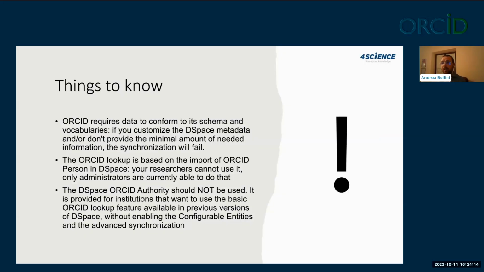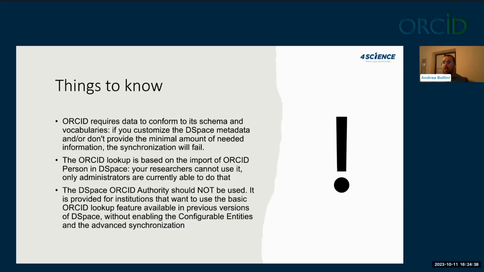And the user interface will prevent you from sending this incomplete information to ORCID, and will inform you. If you want to reference an organization, you need to know an identifier for this organization. If you want to send a publication, the title is required, is mandatory, and things like that.